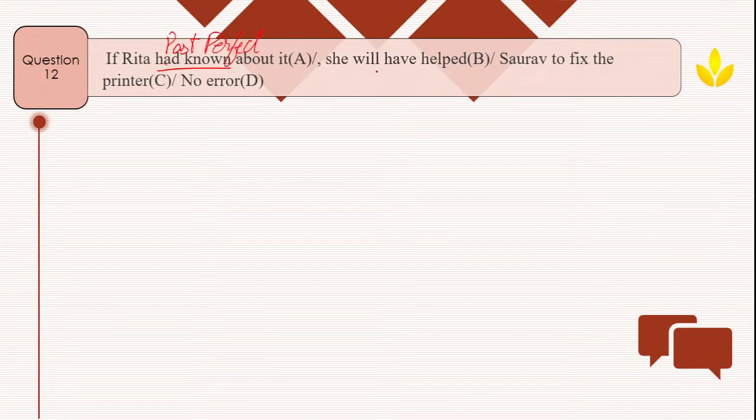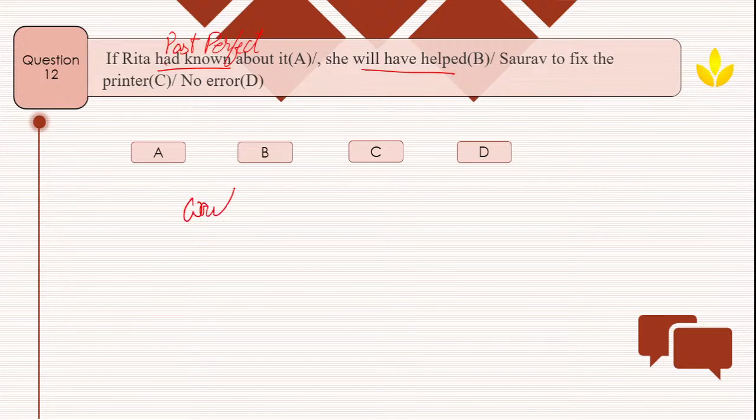If she had known, she will have helped. Since it is in the past, you can go with a conditional statement, she would have helped. That will make it more appropriate.